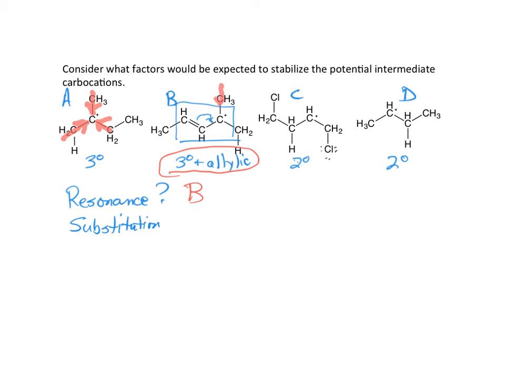Here we have 1, 2, 3, plus our allylic resonance. Here we have the potential for 1, 2, but we have to think about it. And here we have the potential for 1, 2. Okay? So our substitutions can affect stability. One way is by hyperconjugation.